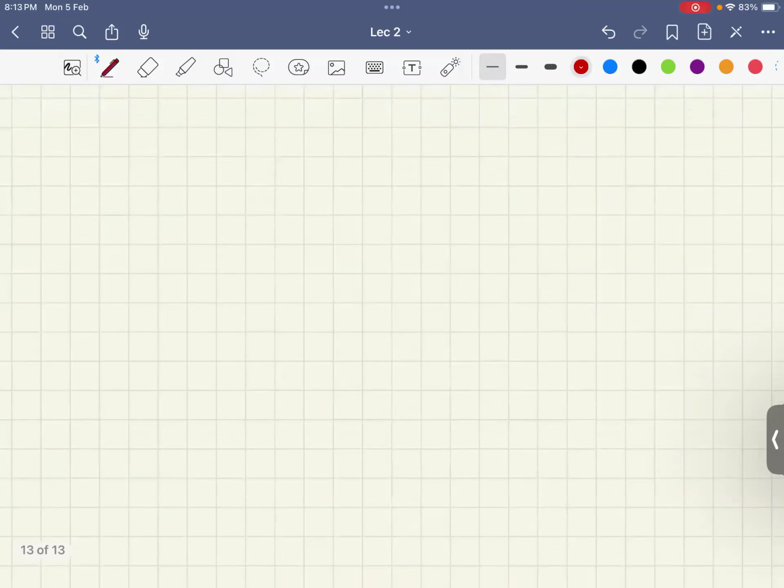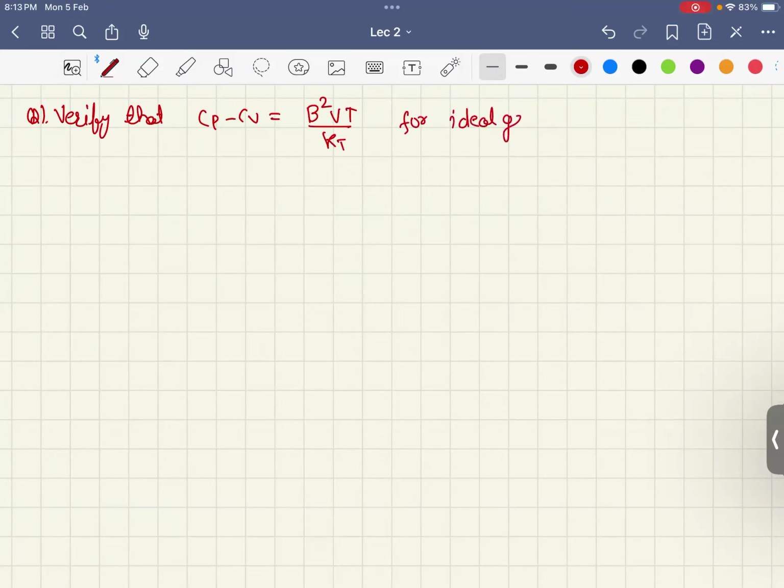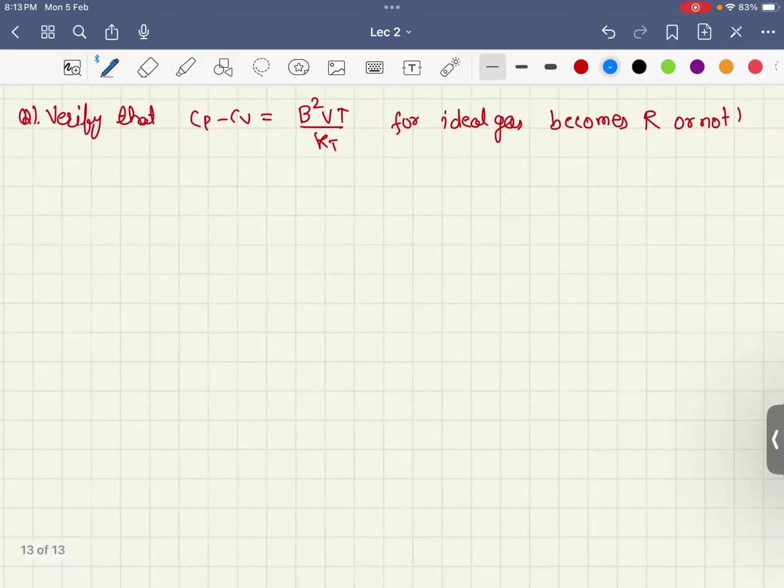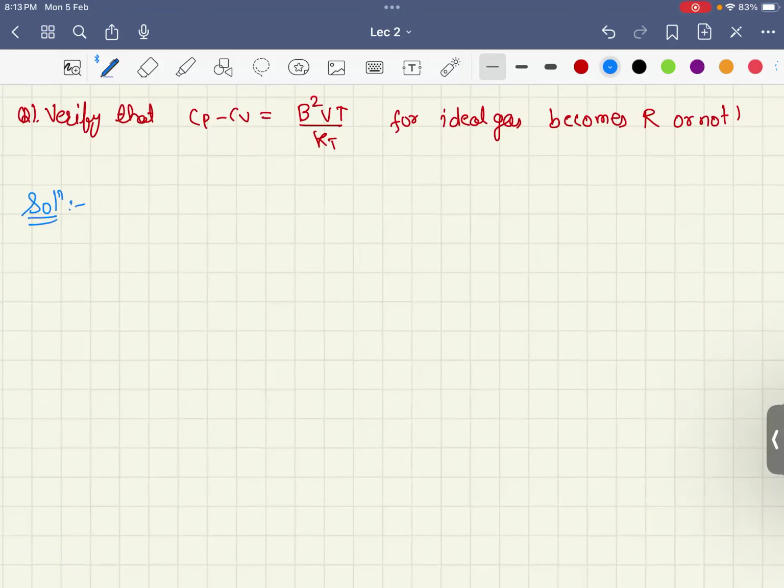Let us verify that Cp minus Cv equal to beta square V T by KT becomes R for an ideal gas or not. So try to find the solution.